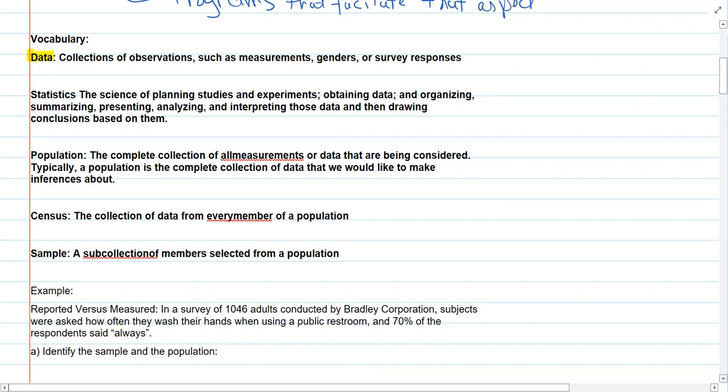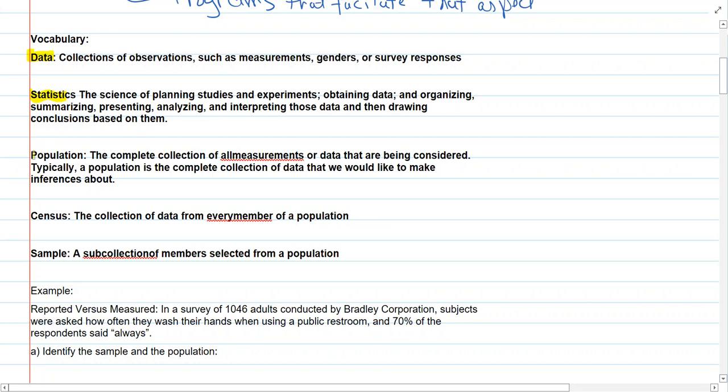Data is plural. Statistics, well, now we're at the crux of what we're studying, is the science of planning studies and experiments, obtaining data, and organizing, summarizing, presenting, analyzing, and interpreting those data, and then drawing conclusions based on them.